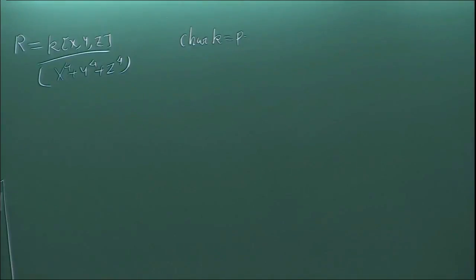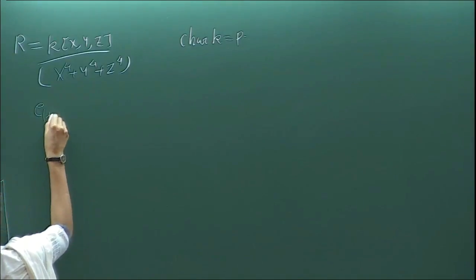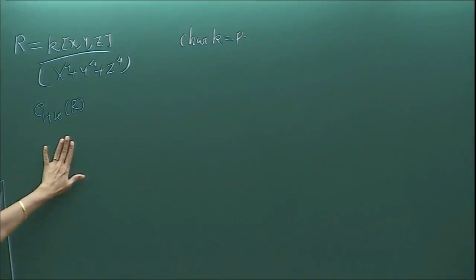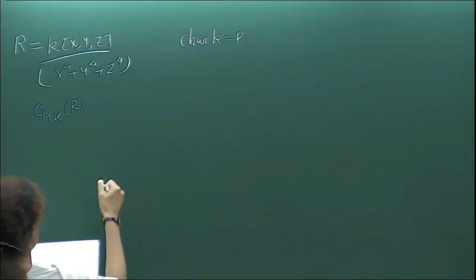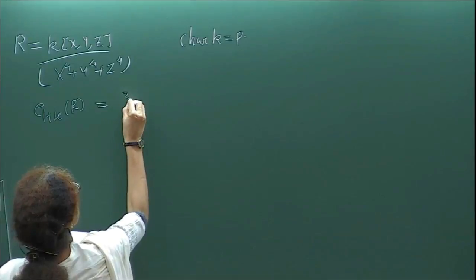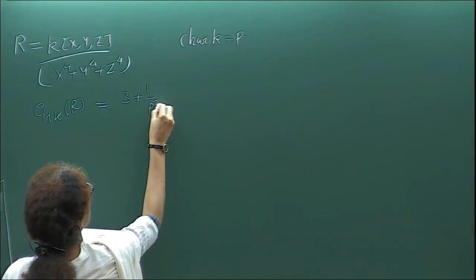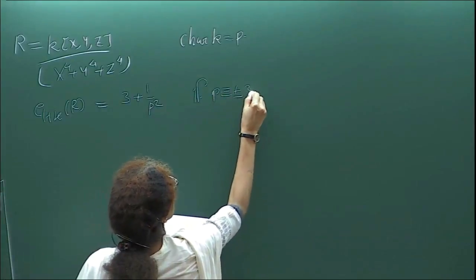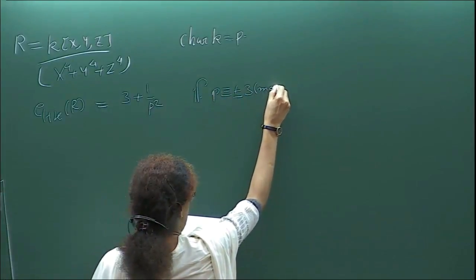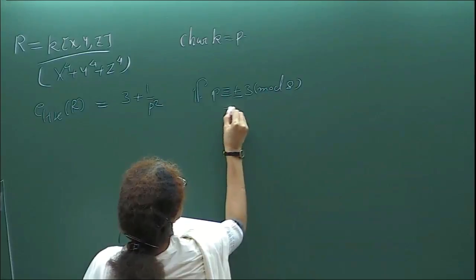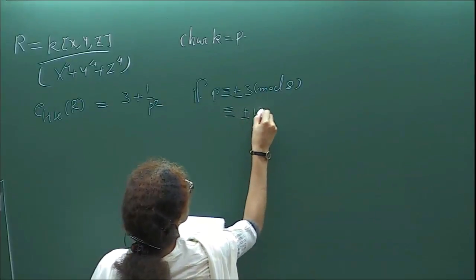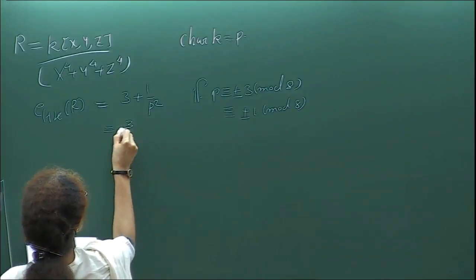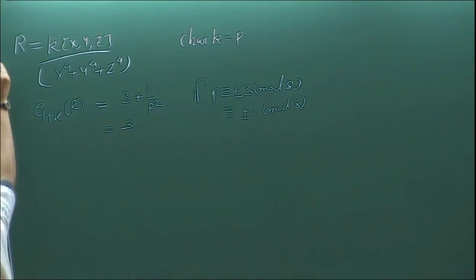So he said e_HK of R, where I mean with respect to the maximal ideal, is equal to 3 plus 1 upon p^2 if p is congruent to plus or minus 3 mod 8. If p is congruent to plus or minus 1 mod 8, his answer is 3. This is example 1.